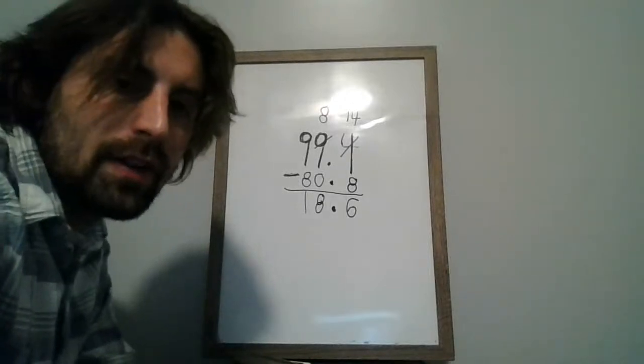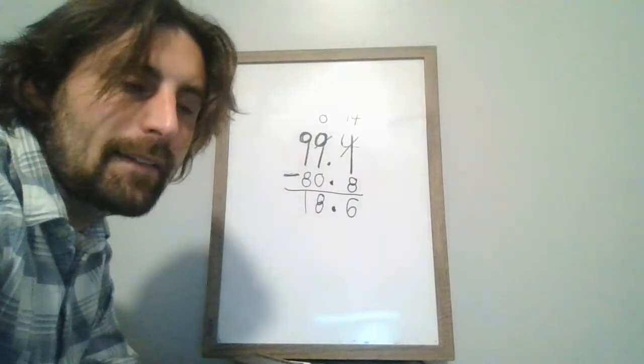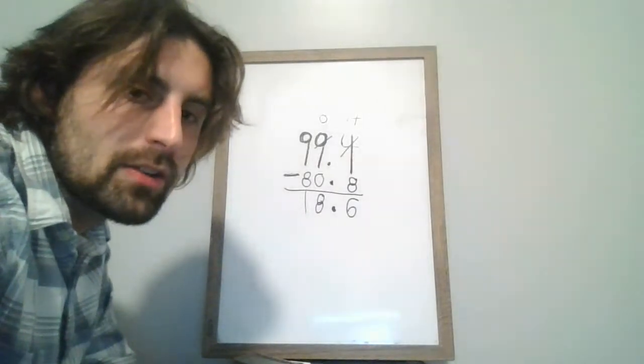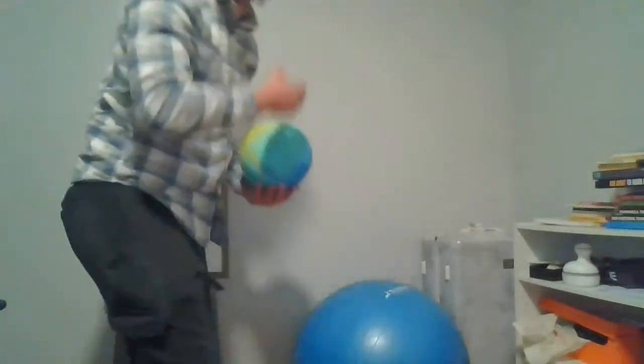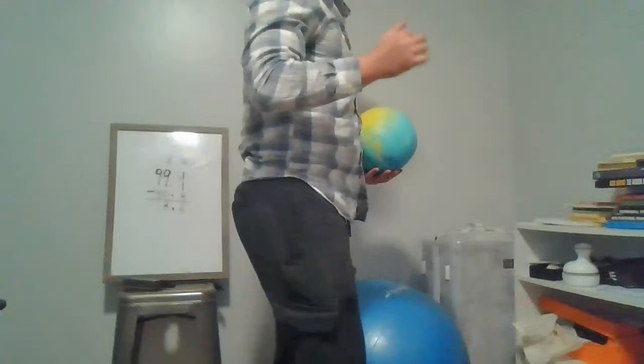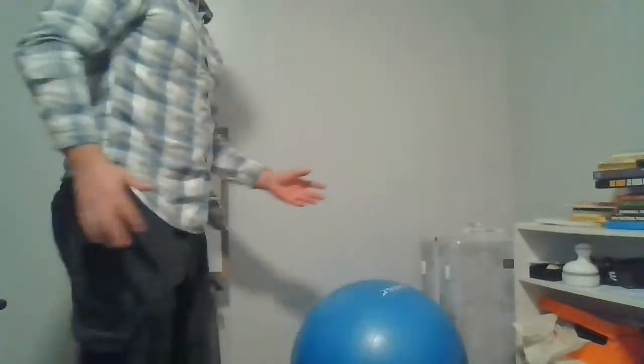So that was a pretty quick video. I do like to end the videos with something fun. So I will, 45 seconds. Let me see how many juggles I can get with the soccer ball. Here we go. 30 seconds. Let's see. 1.